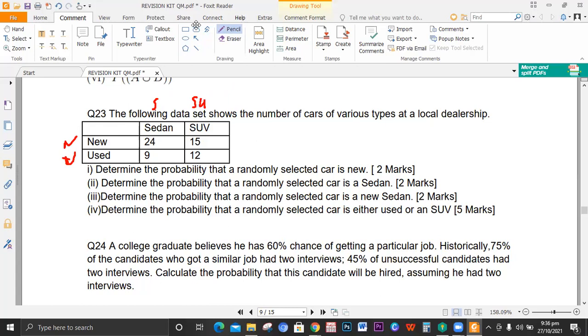So we're going to come back with the contingency table. We have new, then used, then sedan, SUV.